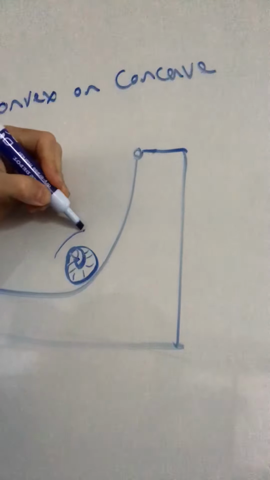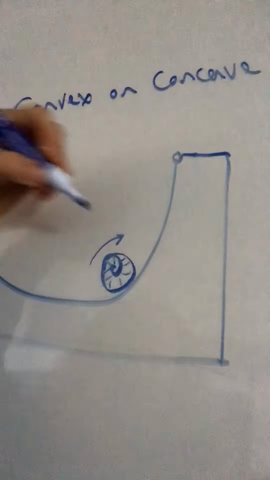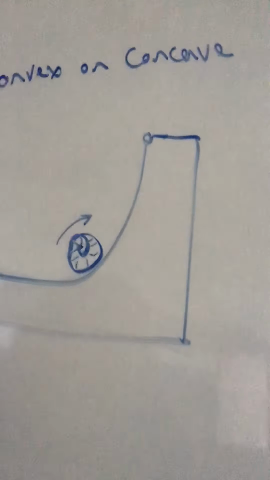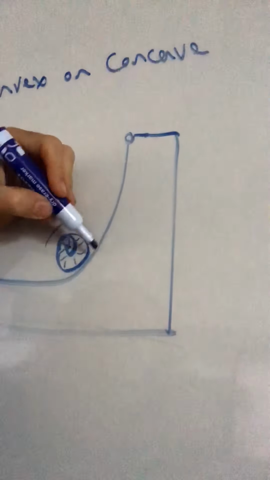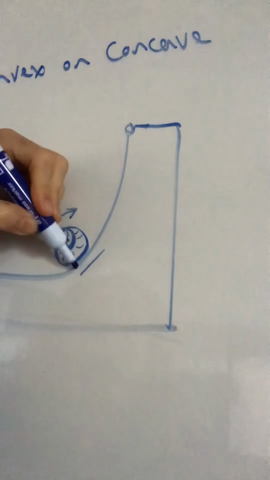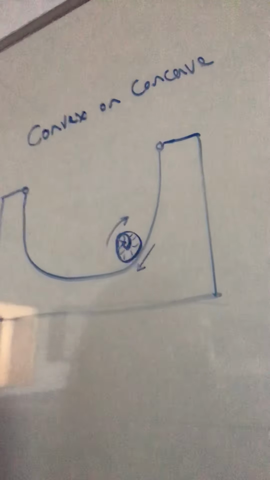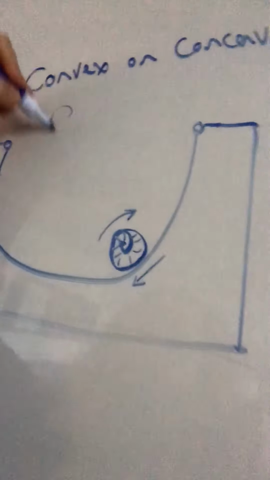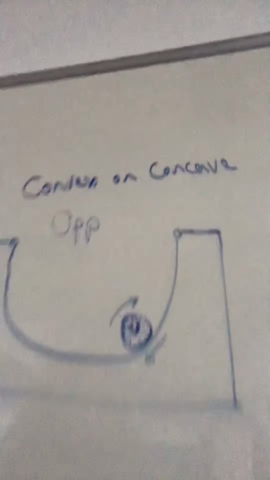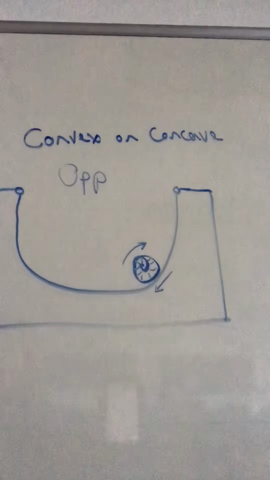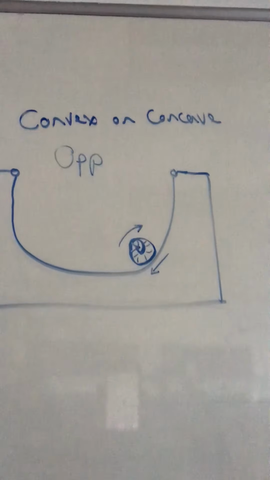So he rolls up the half pipe, but with that hard exoskeleton, he tends to glide back down in the opposite direction. So the roll and glide, when a convex moves on a concave, the roll and glide are in opposite directions.